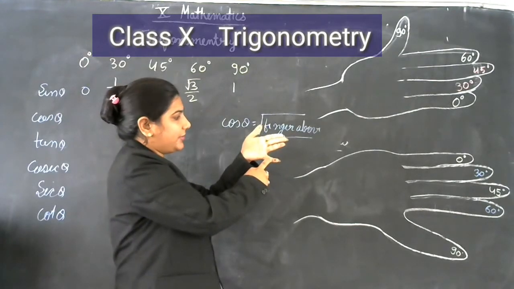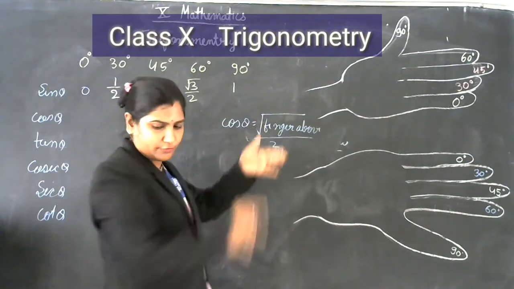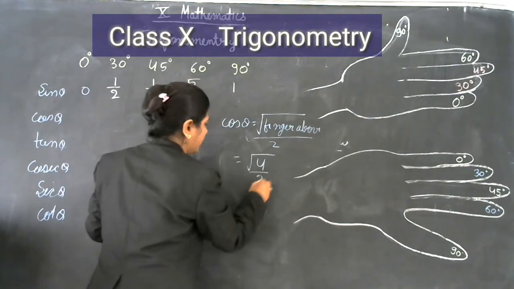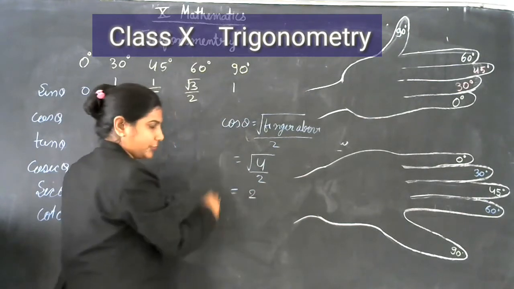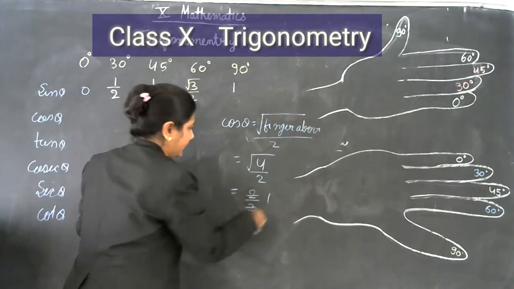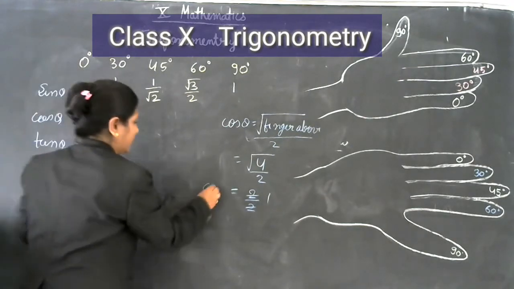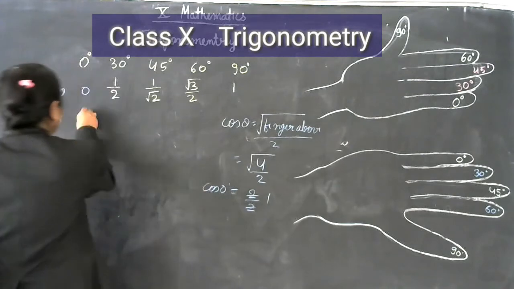Fingers above is 1, 2, 3 and 4. So root of 4 upon 2. Root 4 is 2, 2 upon 2, then it is 1. So cos 0 degree equals 1.